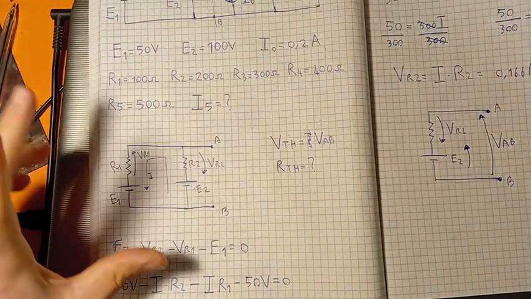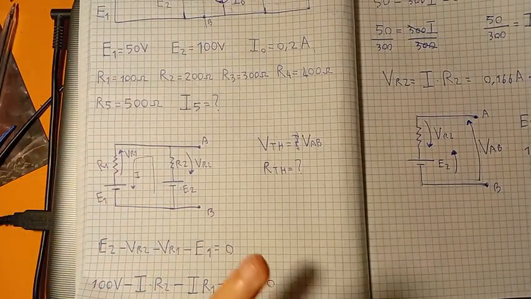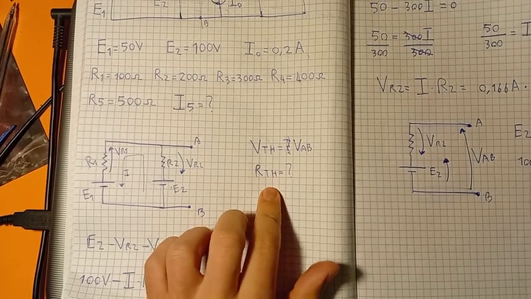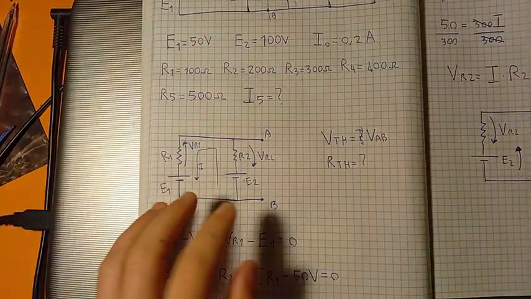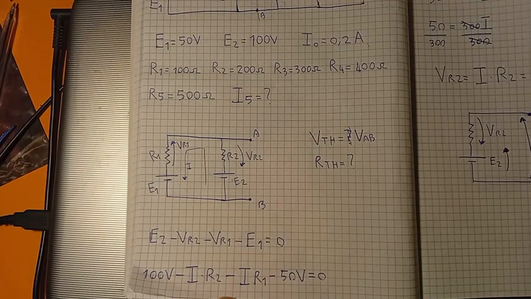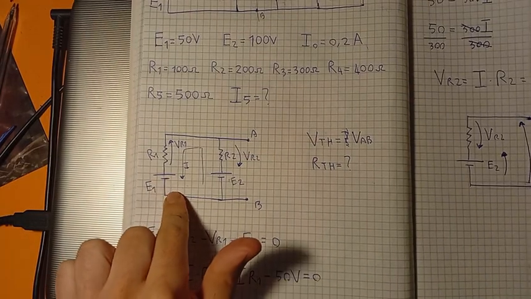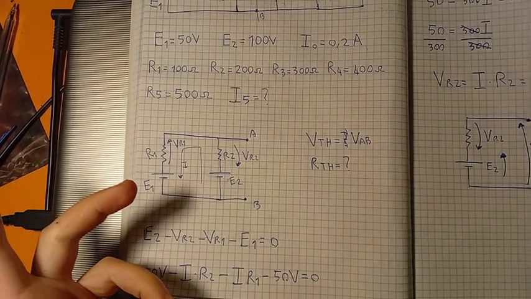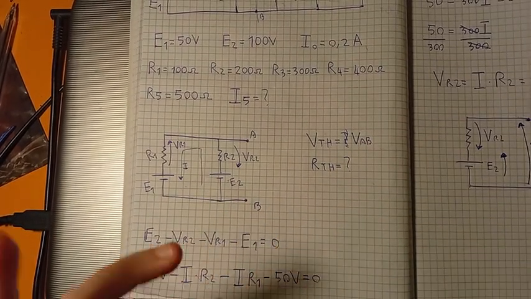We have found it. Now let's concentrate on the Thevenin equivalent resistance. How can I find this? Well, I have to copy this circuit again, but this time in place of the voltage source I have to put just a wire, basically. I say I put them in short circuit.